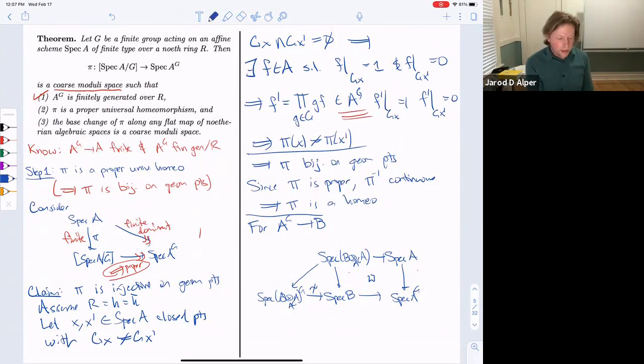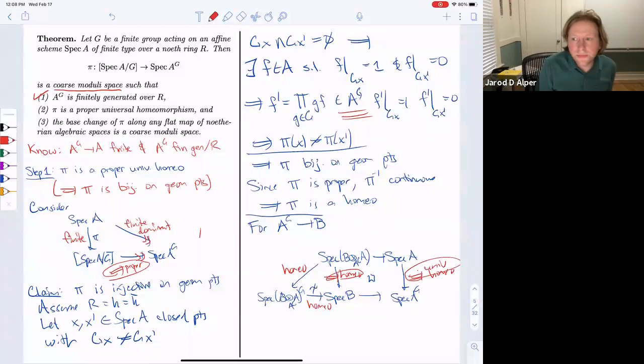We have this diagram, and in this diagram, what do we know? We know that this map is a homeomorphism because this is the G invariance, and the lemma told us that this was a homeomorphism, and so that implies that this is also a homeomorphism, which implies that this is a universal homeomorphism. So that handles part 2.